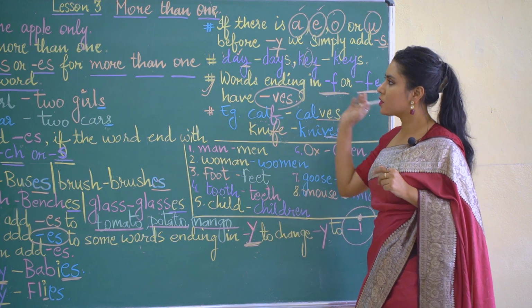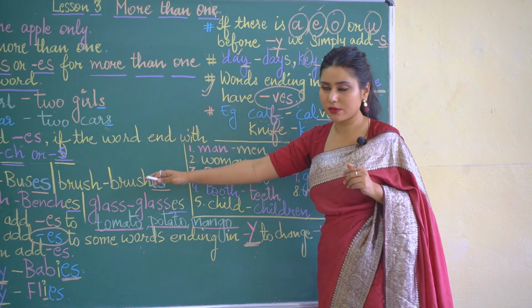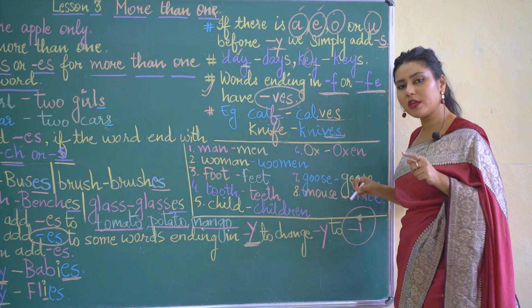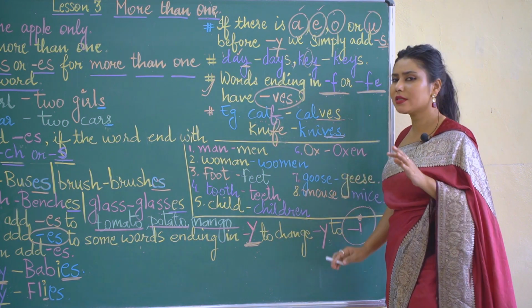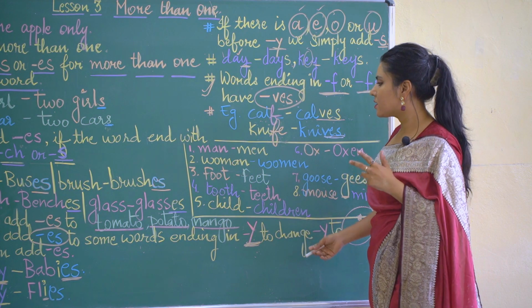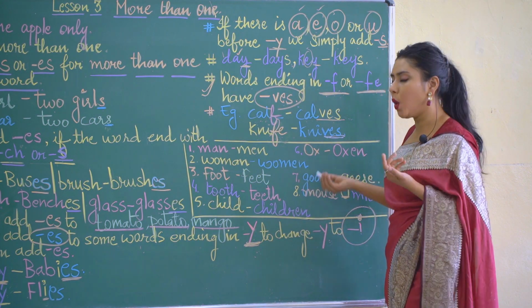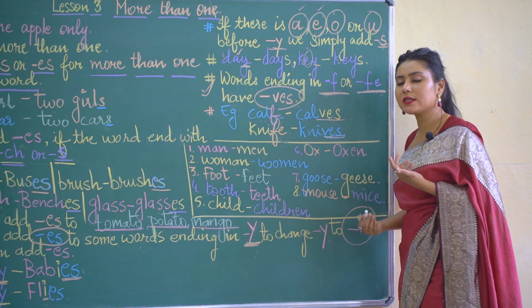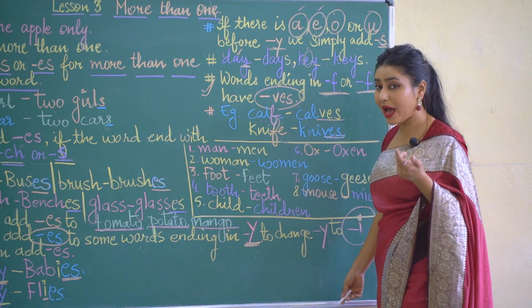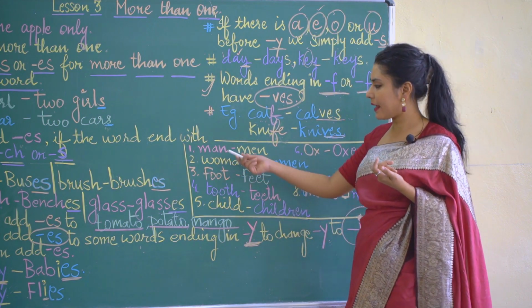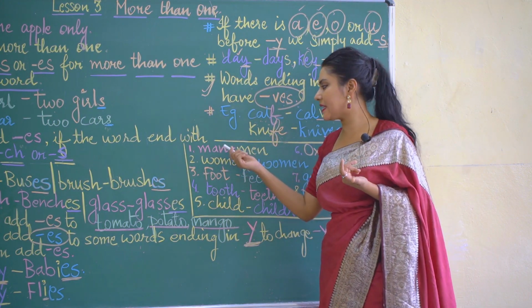This was all about more than one, but there are certain words also given in your book that do not have any rule, but they are different in their own way. They have their own different spellings of their plural forms, which you have to learn by heart. Like a man will never have S in the end.